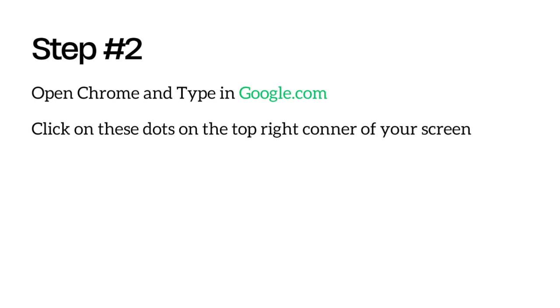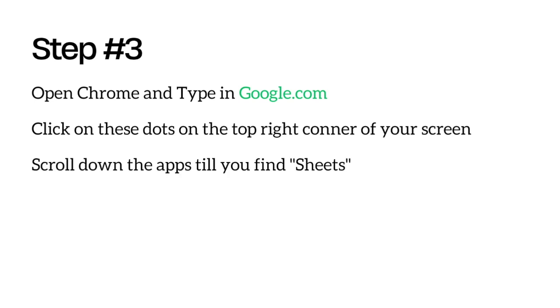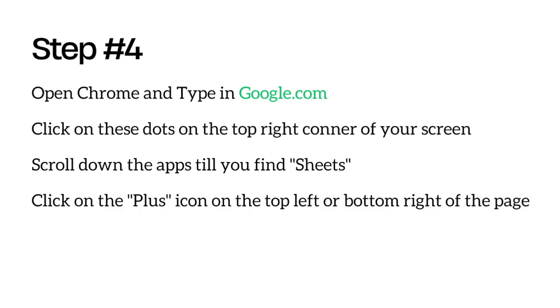Scroll through until we find the one that says Sheets. We click on it to open Sheets, and click on the plus sign icon on the top left corner, or sometimes you may find it at the bottom right of the page. Click on it, and that opens a fresh new page.